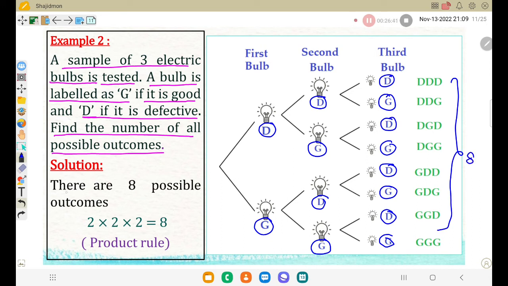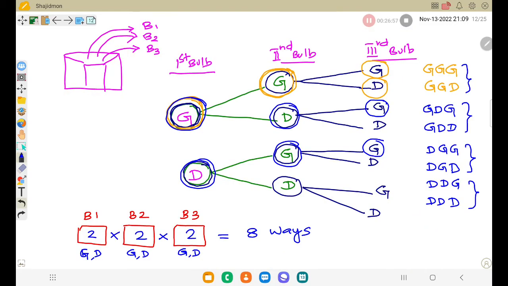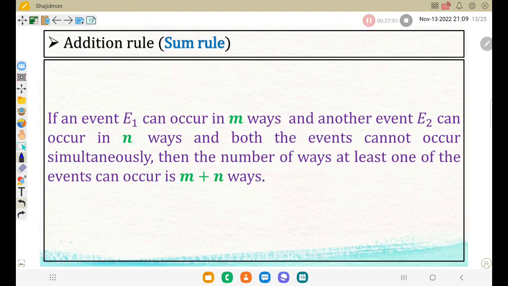How are we getting that 8? There are 8 possible outcomes. First bulb 2 options, second bulb 2 options, third bulb 2 options. So totally 8 options by using the product rule. I hope you understood this example also. The idea is logical, so try to be clear. I explained in the easiest way. Now I hope you understood the multiplication rule.